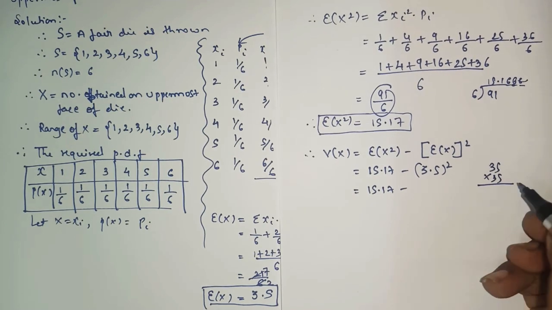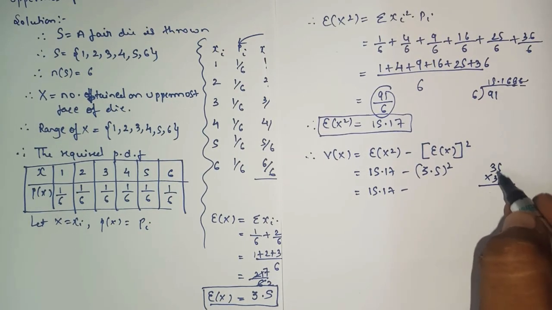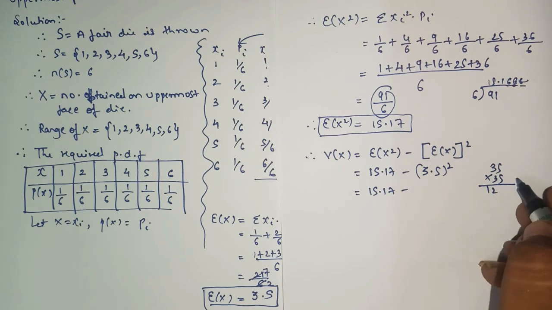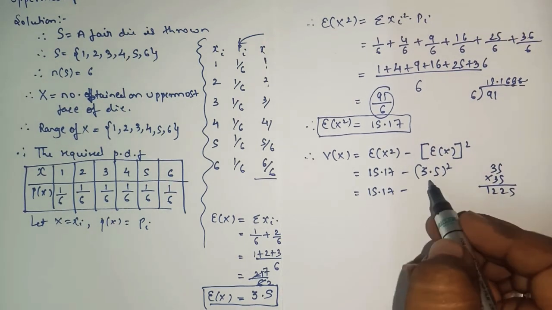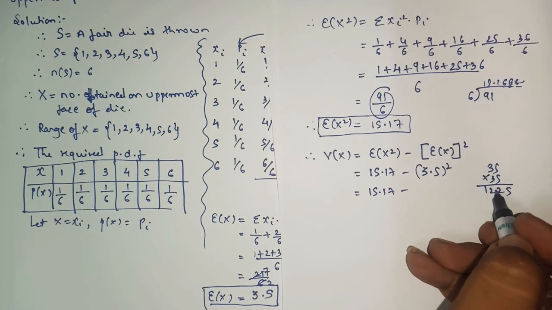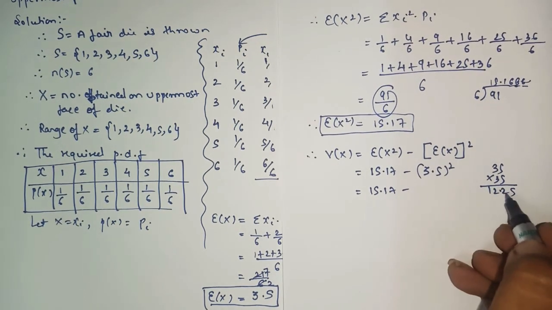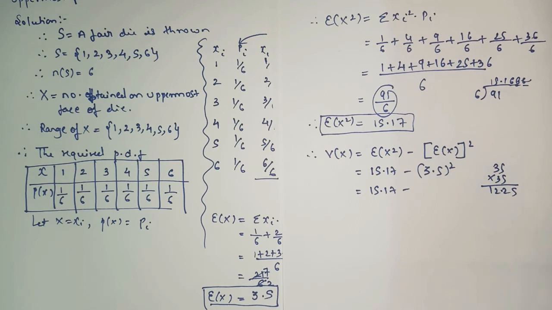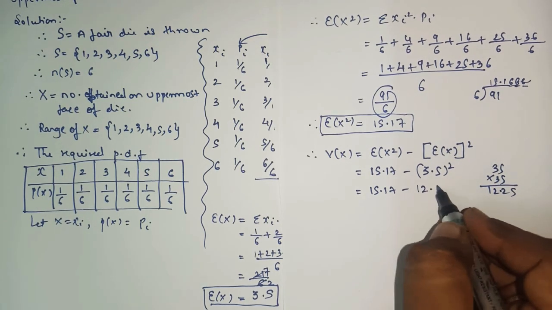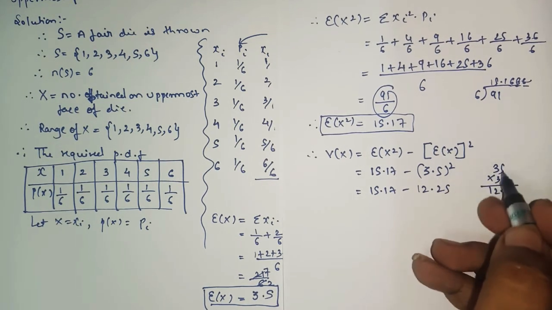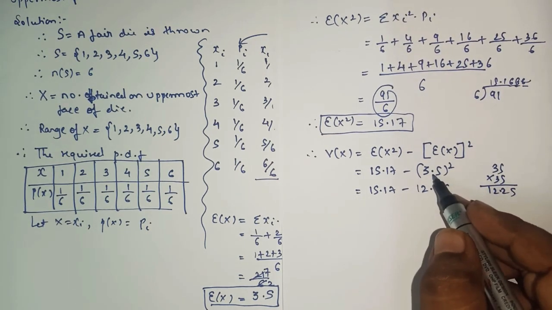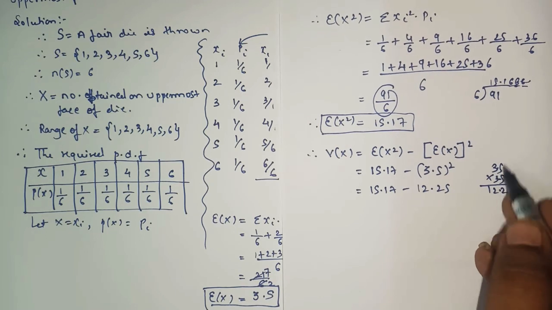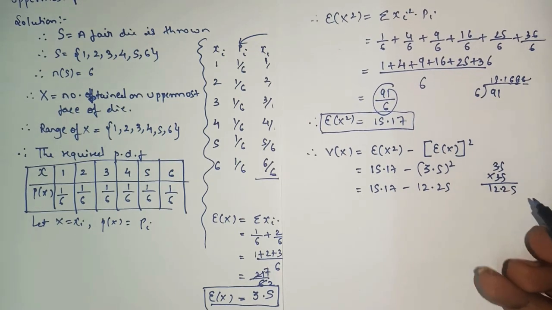So 35 into 35, you will get 1225, as the decimal lies after the unit place. So the answer will be 12.25 for 3.5 square. When you multiply 35 into 35, you get 1225, and as we have decimals after two places, the answer will be 12.25.